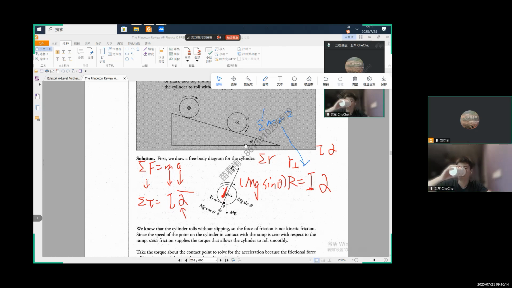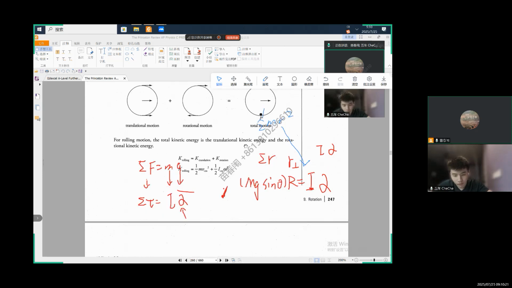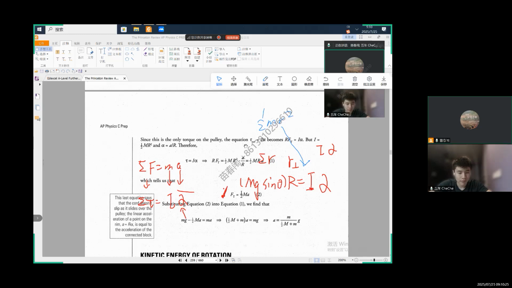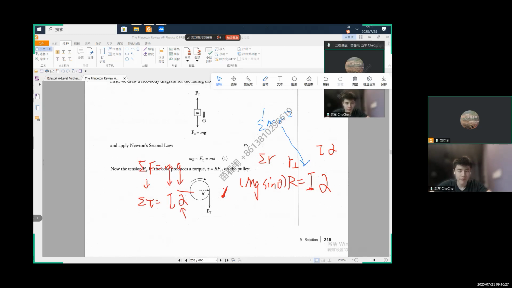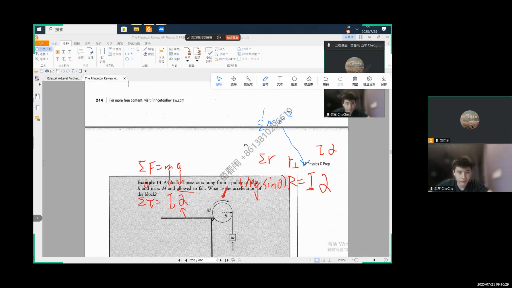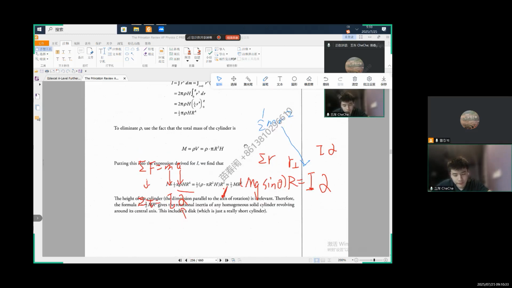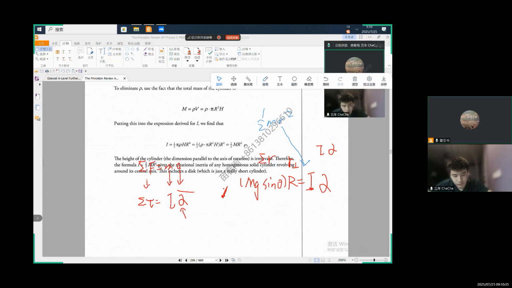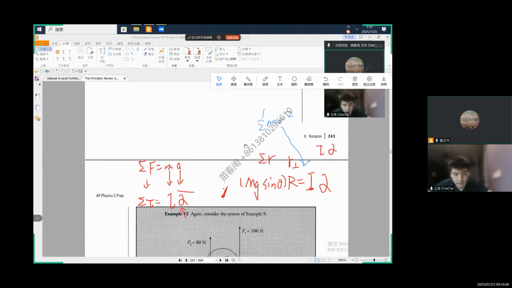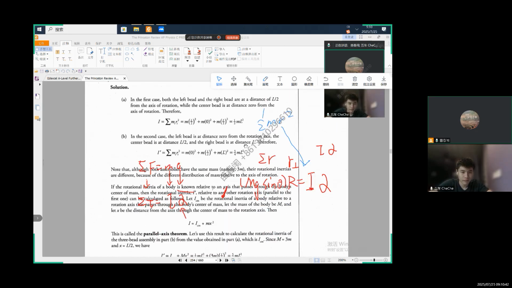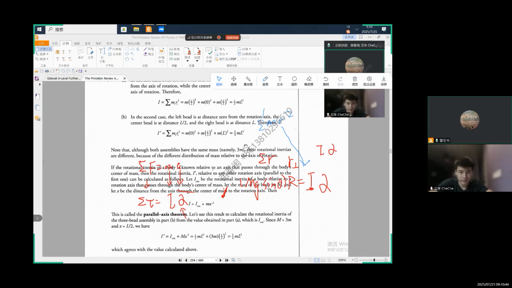This is the cylinder, and here's the center. Oh, and also we drew something from a previous question. We also have to use that. So this one is 1/2 mr squared, but we also have a theorem. Let me get the axis theorem.